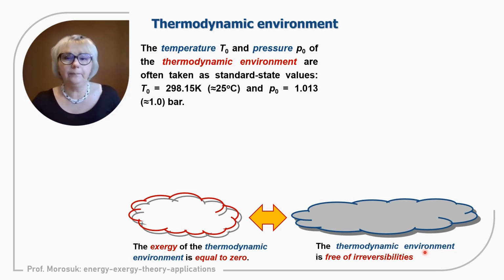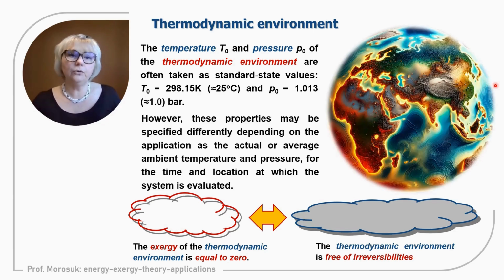But if we would like the exergy analysis we conduct to be closer to realistic operating conditions, we need to consider the geographical location of the energy conversion system. First of all, the average temperature over the year in this region. For example, if we discuss North Africa or the south of India, this temperature will definitely not be 25. The average temperature is much higher.